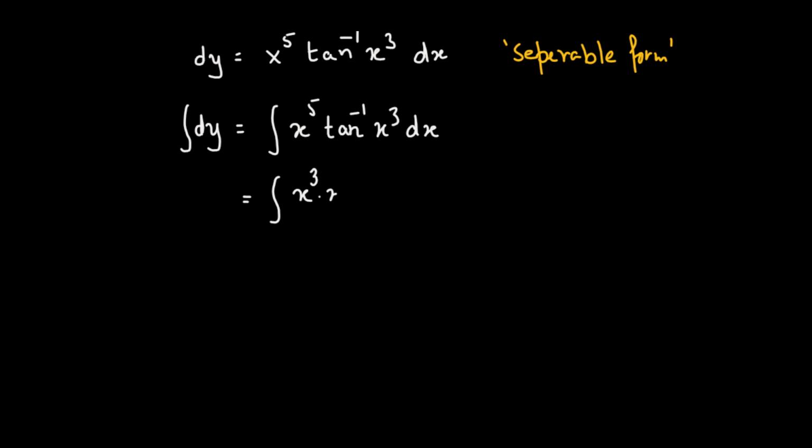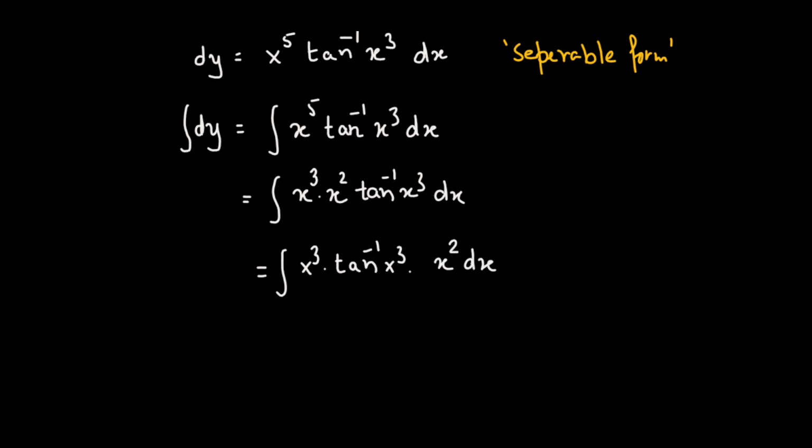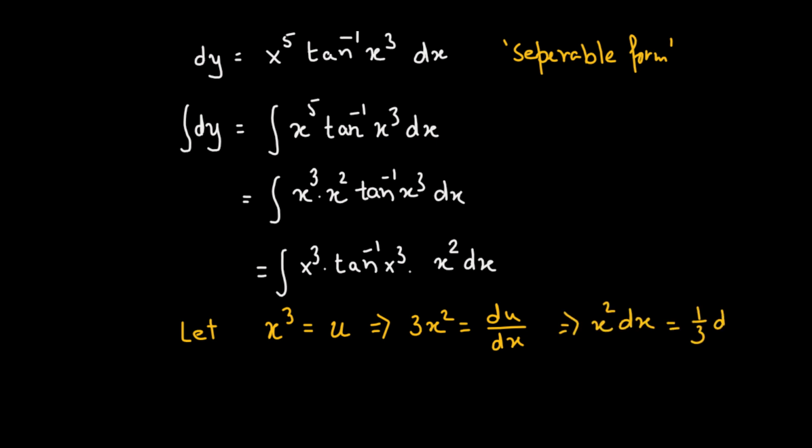So x raised to the power of 5 can be written as x cubed times x squared, such that we can rewrite this integral as the integration of x cubed times tangent inverse x cubed times x squared dx. We have done this so that we can replace x cubed with another variable u and differentiate both sides with respect to x, and that should give us 3x squared equals du over dx, or simply x squared dx equals 1/3 of du.